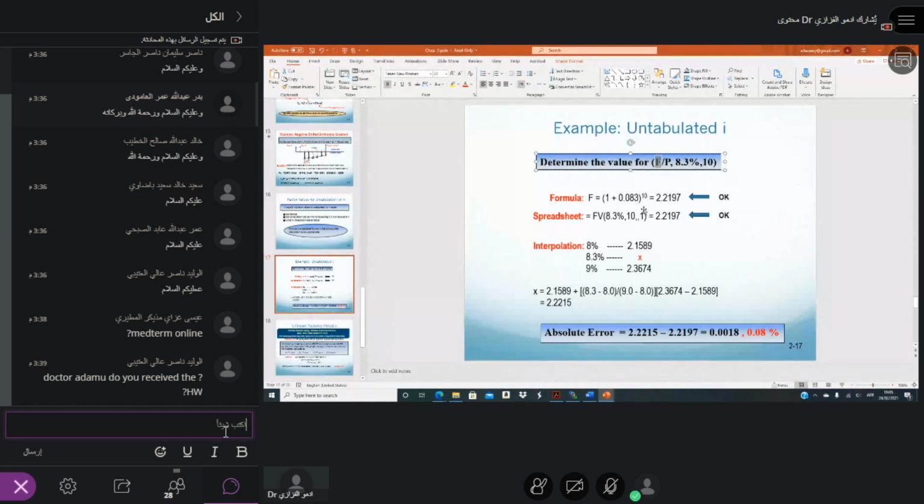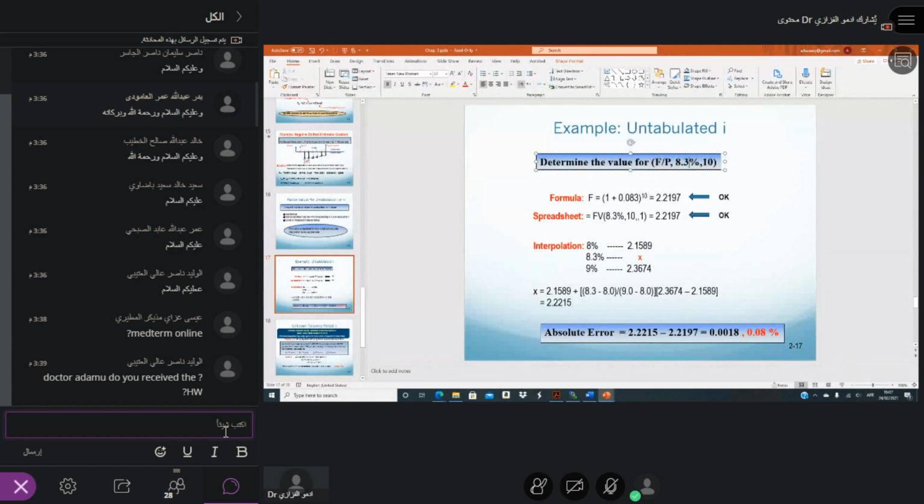So you use this spreadsheet function, and you can always arrive at the same amount, which is 2.2-whatever value.